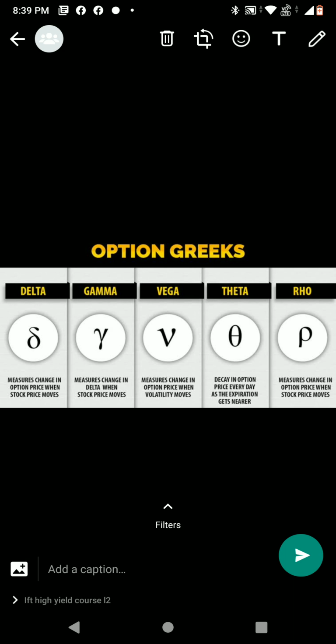The reason is, in markets we have various strikes which we can bet on. We have strikes which are more than the stock price, which we call out of the money options, and we have strikes which are less than the stock price, which we call in the money options on the call side.